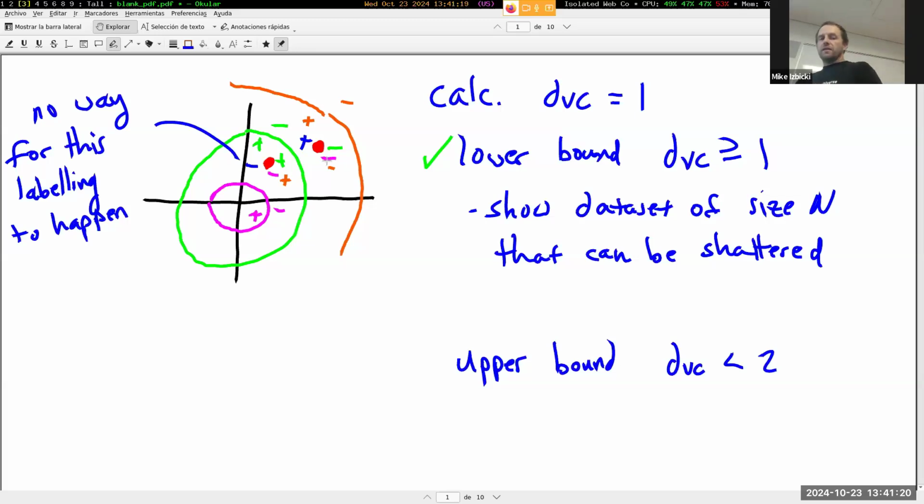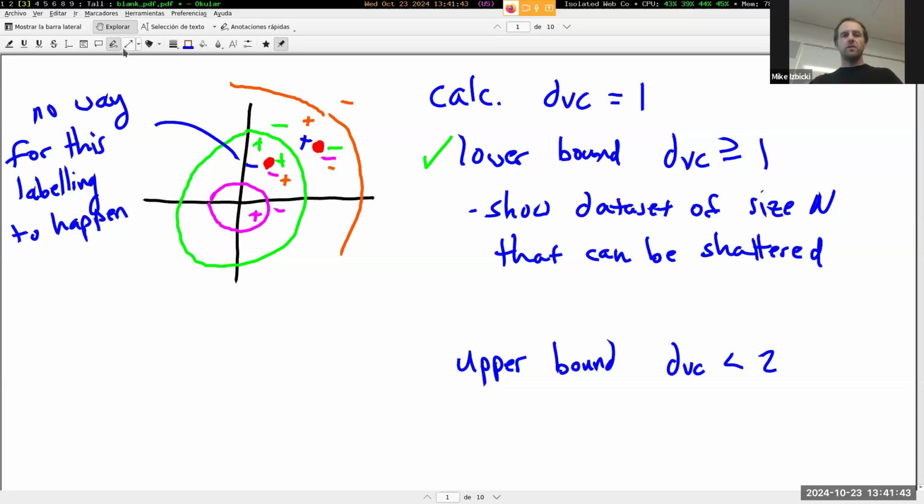The reason that generalizes to all possible data sets is because no matter where I put 2 points, I'm always going to have one point that's farther away from the origin than the other. And if one point is farther away, then the close point will never be able to get the negative label with the far away point getting the positive label.